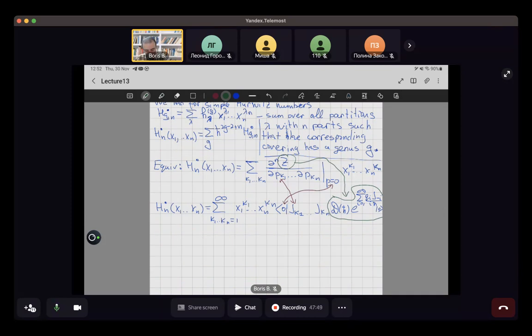So I should divide over k1, etc., kn. So, does anyone agree with this formula?